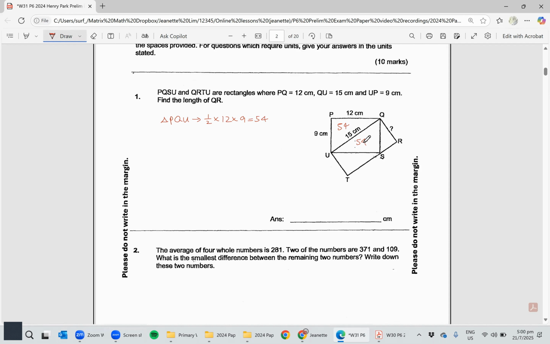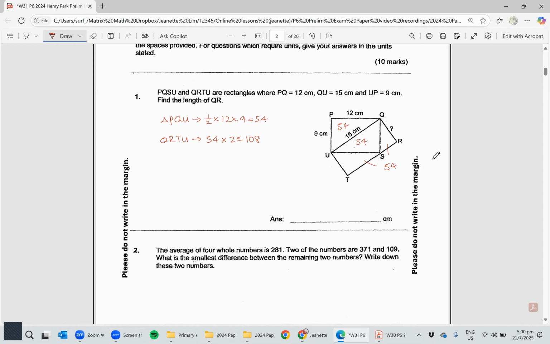And if you notice, right, QSU is actually half of a rectangle QRTU. Okay, so this part here is also 54, which means that rectangle QRTU is 54 times 2, which is 108.